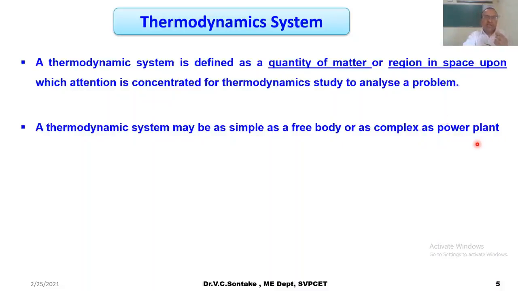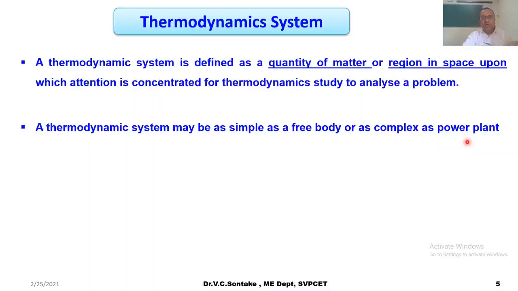For example, let us take a piece of chalk. That can also be a thermodynamic system, as simple, or it can be a power plant which includes different types of machineries and infrastructure. Each one of them can be considered as a separate and individual thermodynamic system.